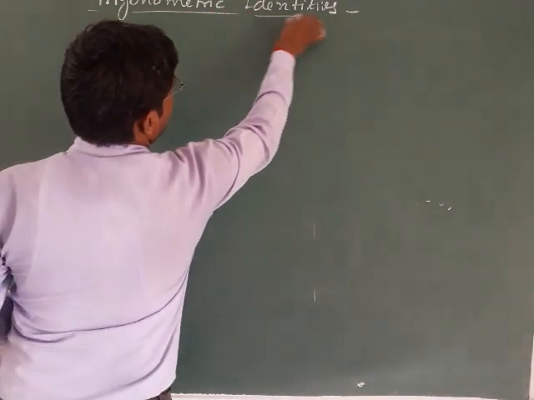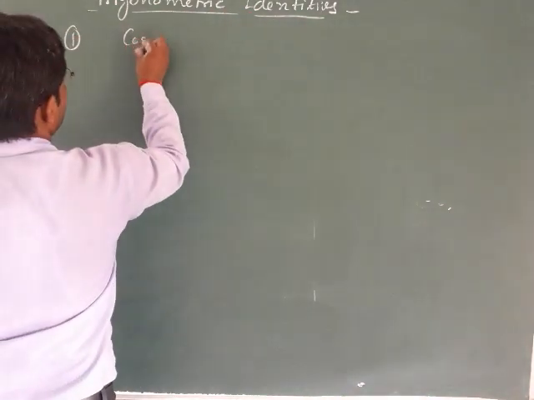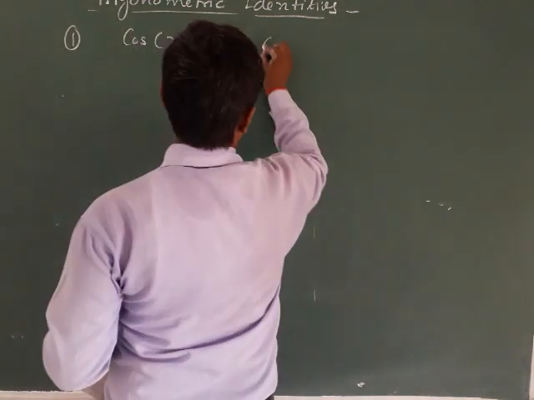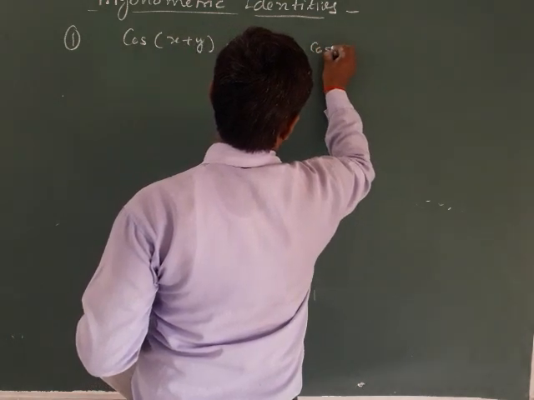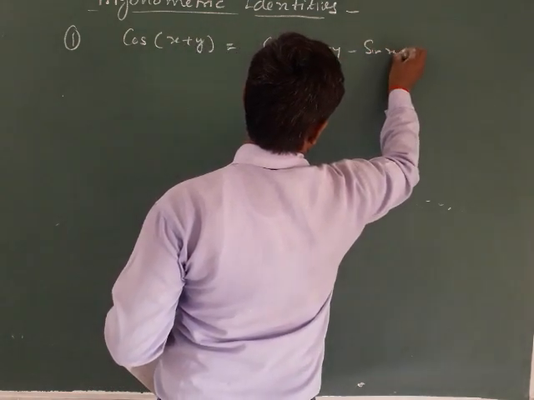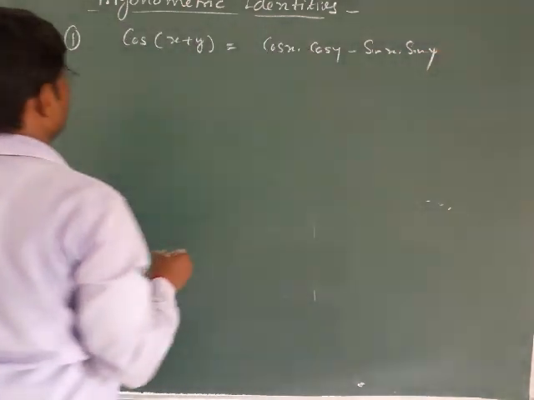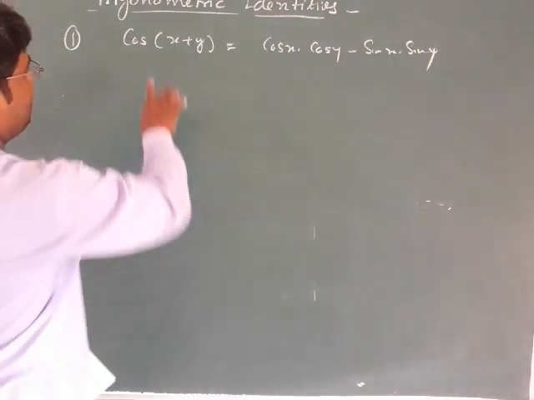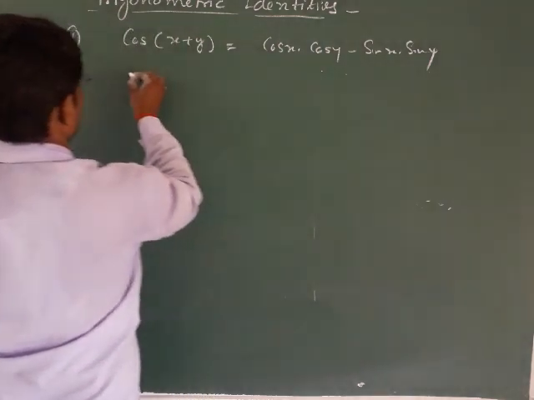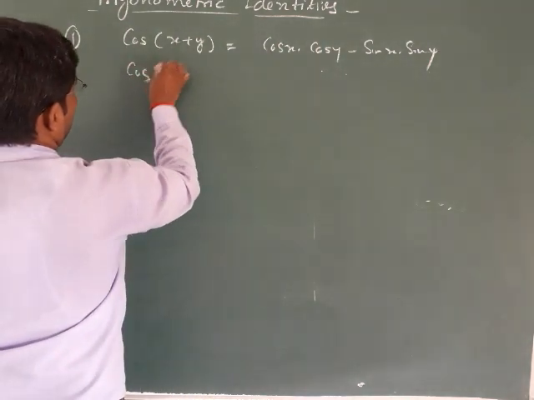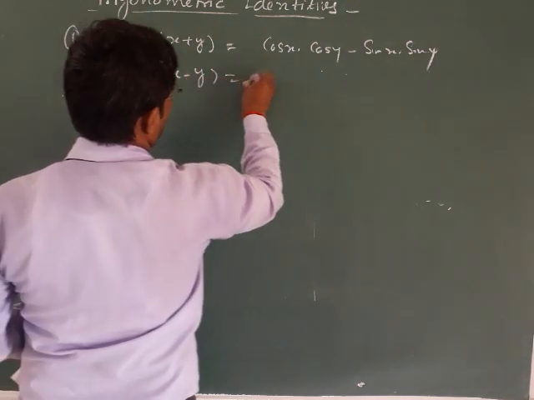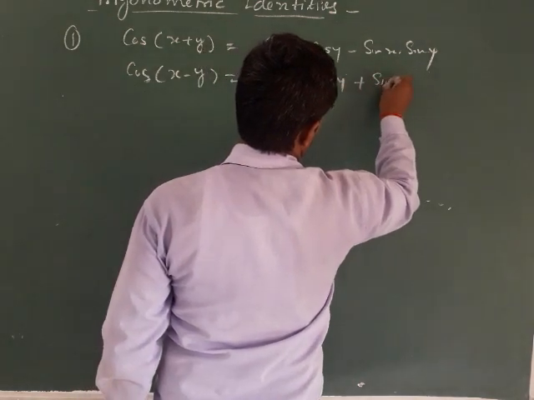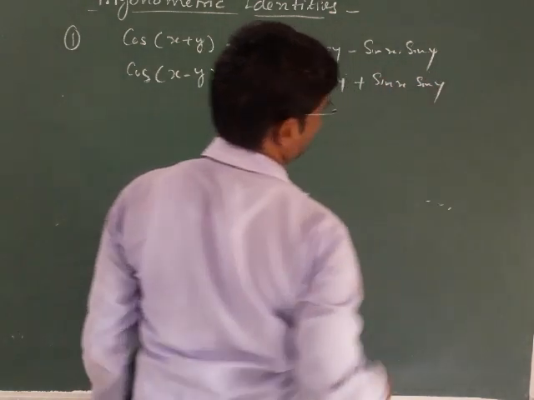Trigonometry identities. So first, cos(x plus y) is cos x cos y minus sin x sin y. Also cos(x minus y) is equal to cos x cos y plus sin x sin y.